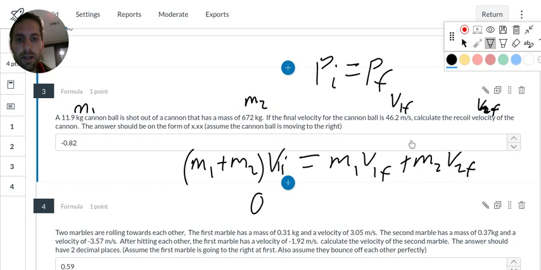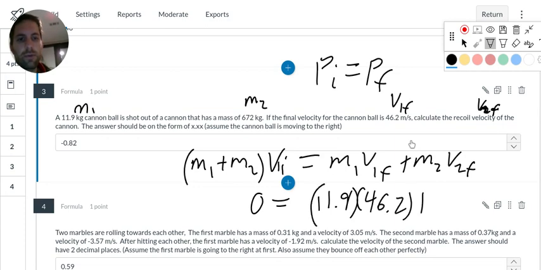I'll get 0 here. It's at rest first before it's shot out. Then afterwards, it's 11.9 times 46.2 plus 672 V2F.